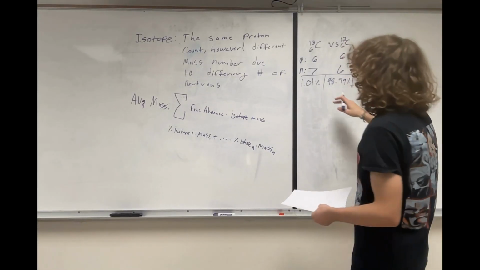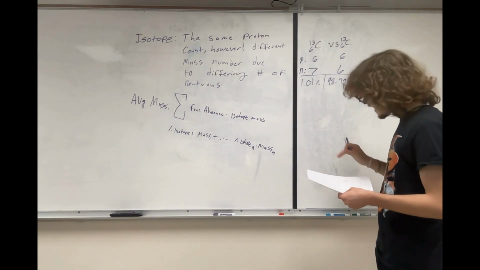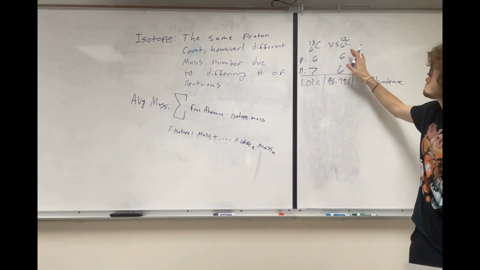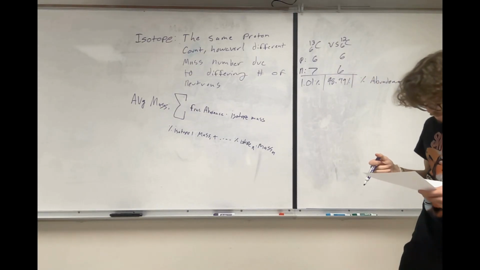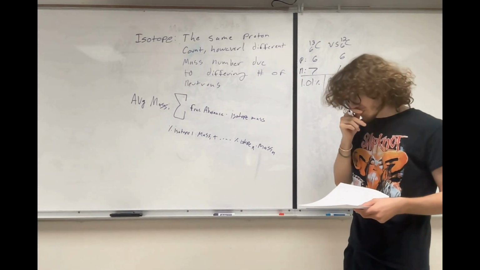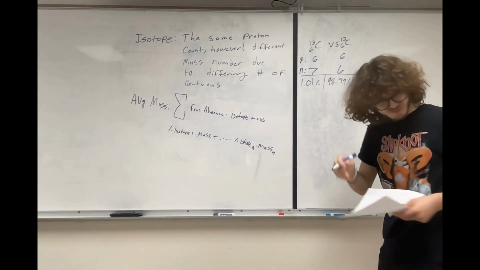So let's consider C13 and C12. At these abundances, what is the average mass? Well, I'm going to be leaning more on the 12 side, and in fact, we'll find that that's true. But let's do that. Percent abundance in fractional form, if you recall, looks something like this. 98 point... one second.